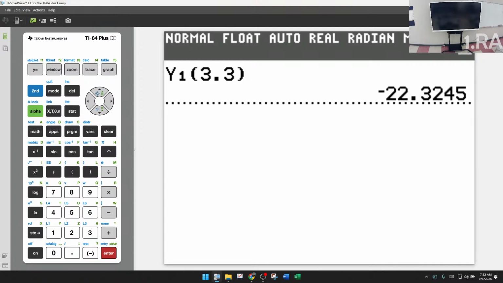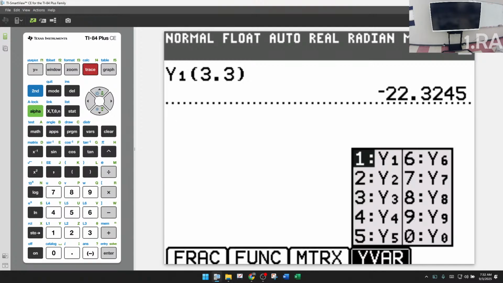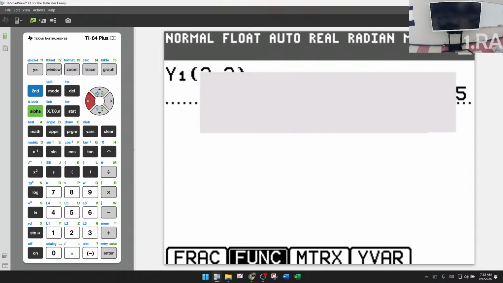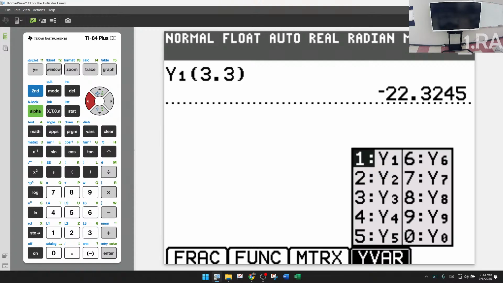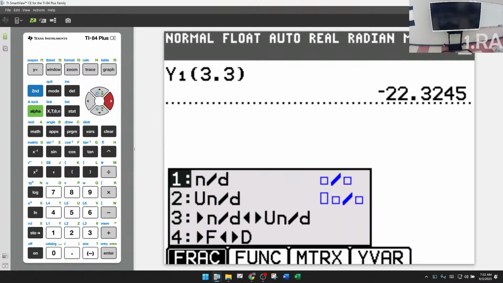And if I plug in 5.8 alpha trace, notice that you can do fractions, functions, matrix. So if you want fractions, whoops, too fast. There's fractions, numerator, denominator. Oh, that's like a mixed fraction, 1 2/3.